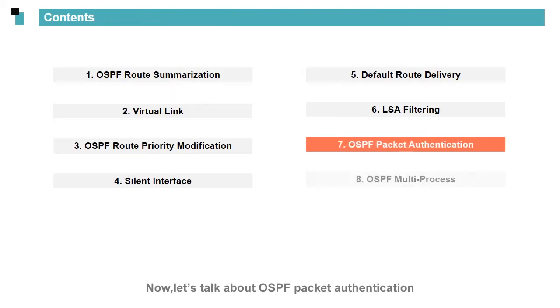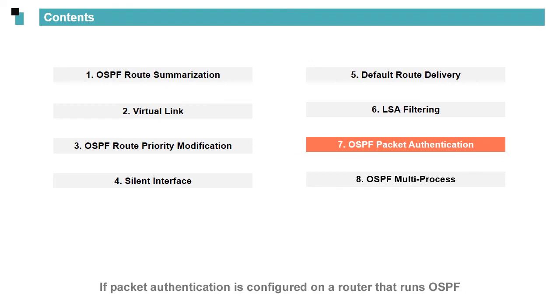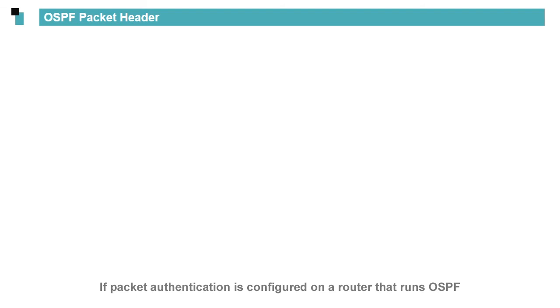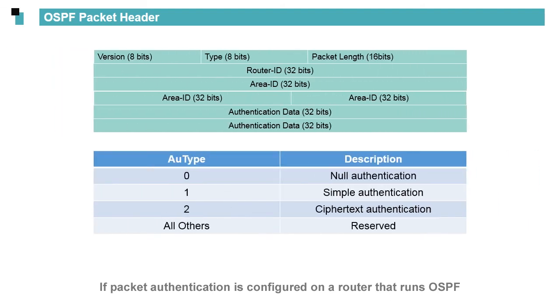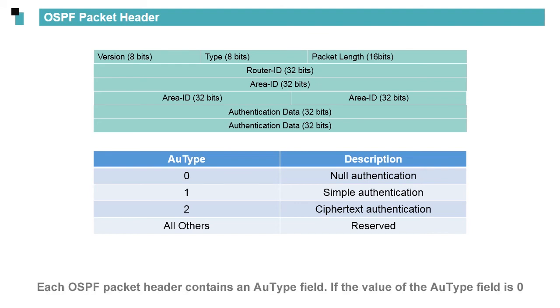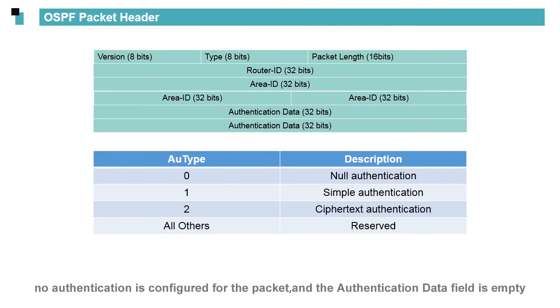Now let's talk about OSPF packet authentication. If packet authentication is configured on the router that runs OSPF, the router writes some information in the packet header of the packets to be sent. Each OSPF packet header contains an AU type field. If the value of the AU type field is 0, no authentication is configured for the packet, and the authentication data field is empty.